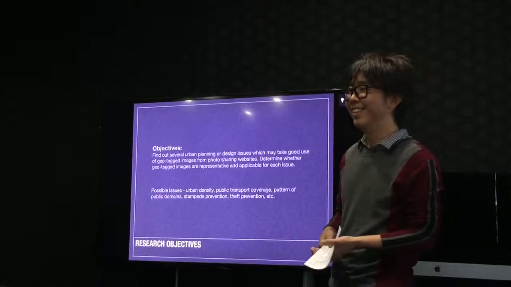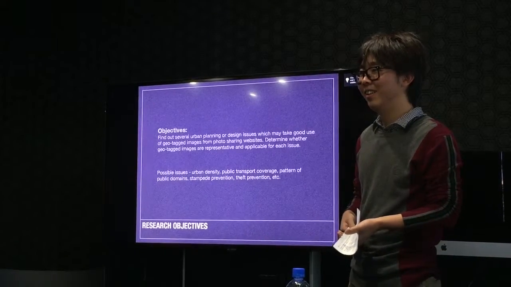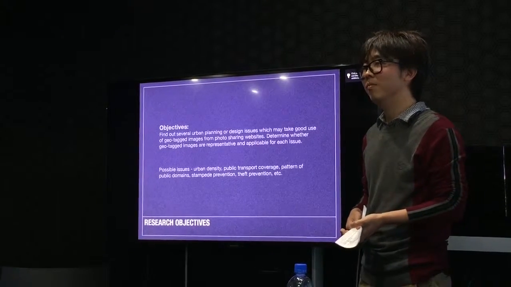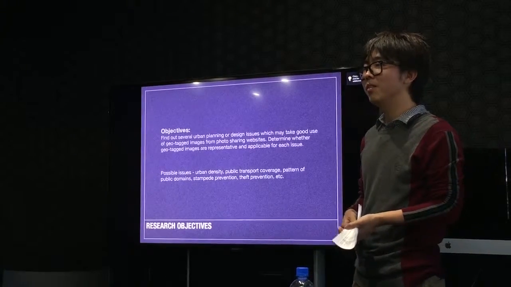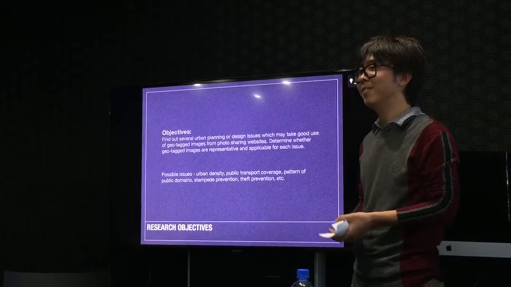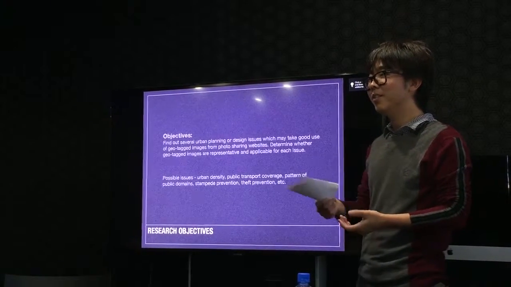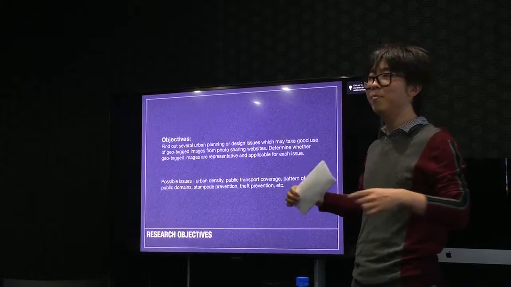I just have a concern, that the group of people who really use these location-tagged images probably don't represent the whole public. Yeah, maybe it's more like young people. I need to consider that. It has some limitations.